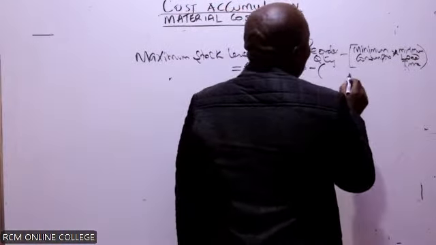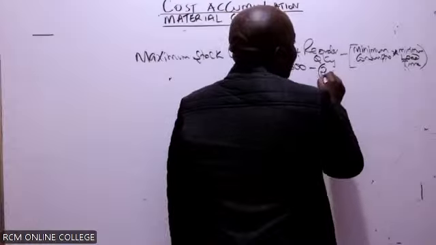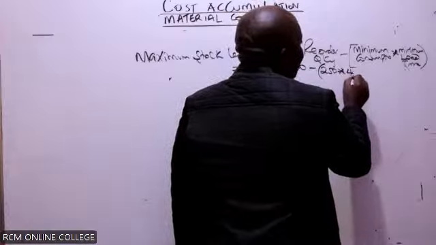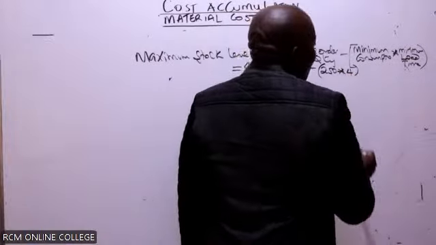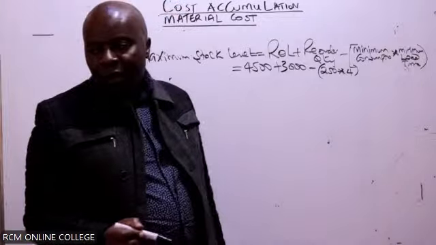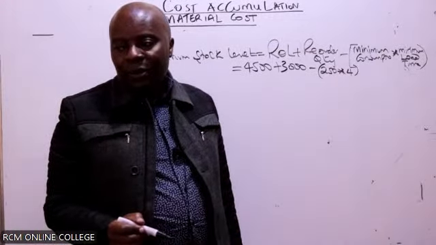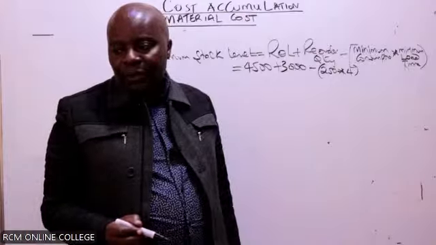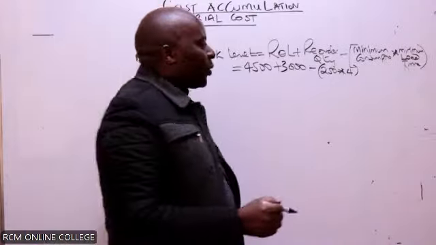Minimum consumption, you gave me a figure of 250. How about minimum lead time? Minimum lead time, you gave me a figure of 4. So then are you able to give me the maximum stock level, ladies and gentlemen? So somebody pious gives me 6,500.